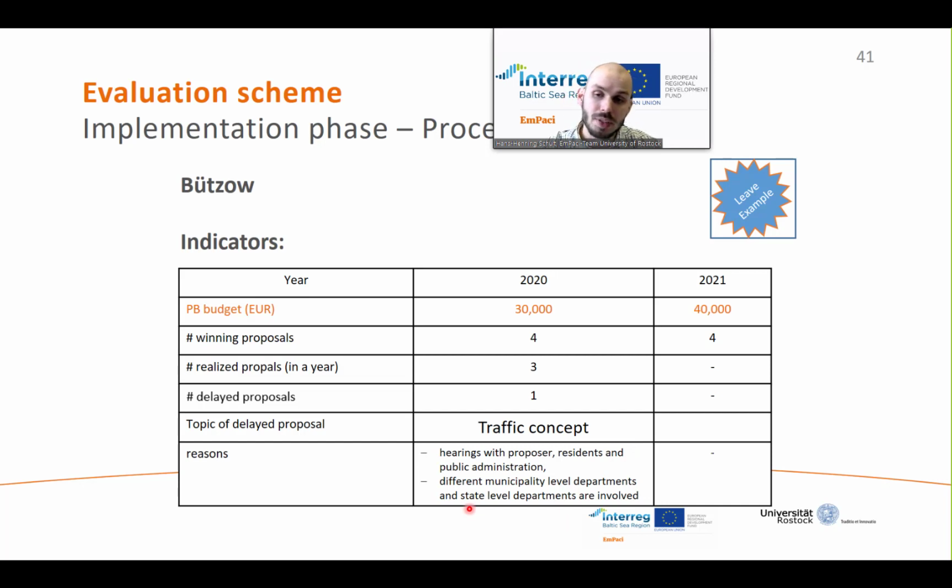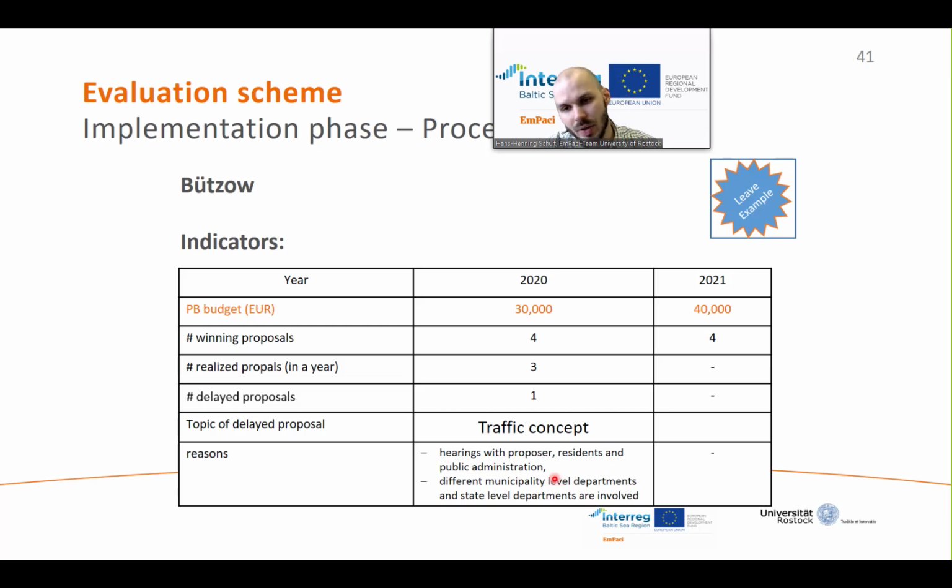The proposal is delayed because there were several hearings with the proposer who made this traffic concept, speed limit, and so on, and with residents who live in the street where the speed limit should be applied, and also with the public administration, to really talk about which area of the street or streets, because it was not just one street but several streets.